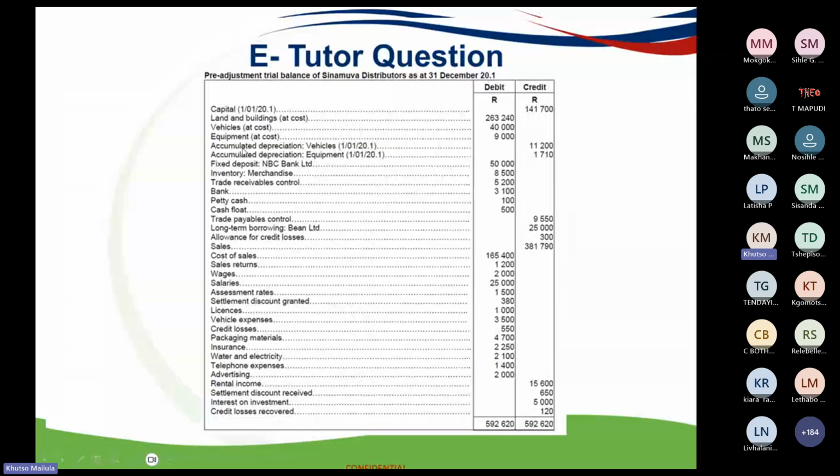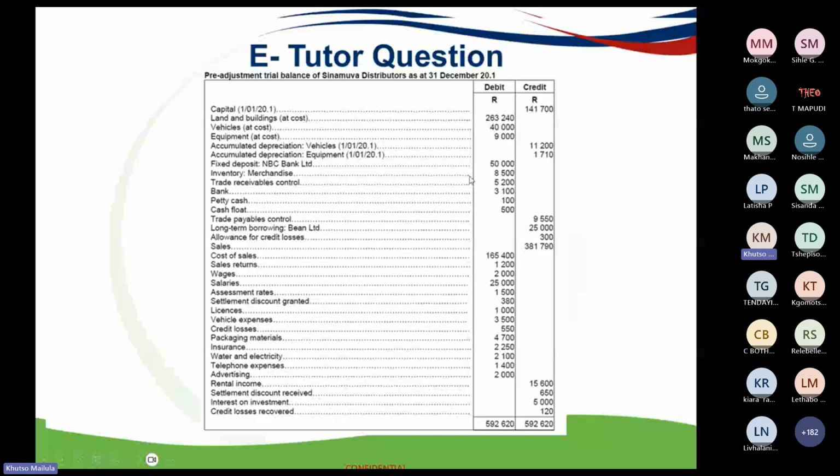The depreciation is at diminishing value, meaning as at 1 January we calculate 40,000 minus the 11,200 Rand, multiplied by the 20% rate, because it's diminishing. So we don't just take it at face value. That's the method we're going to use.